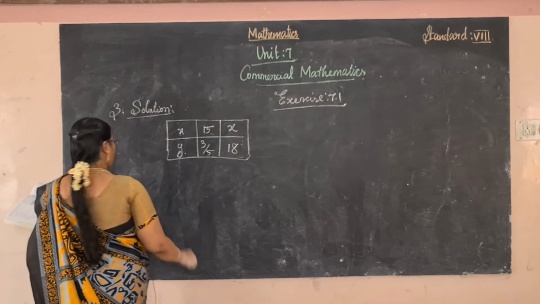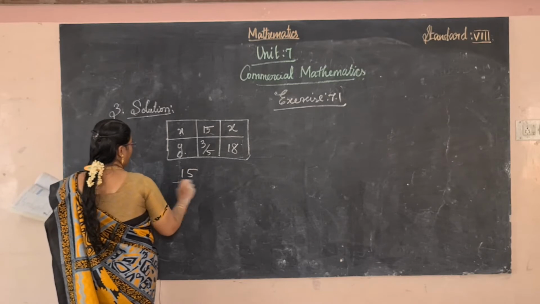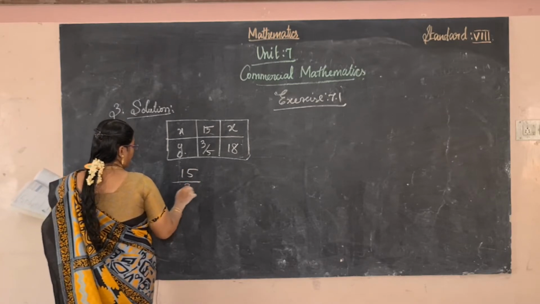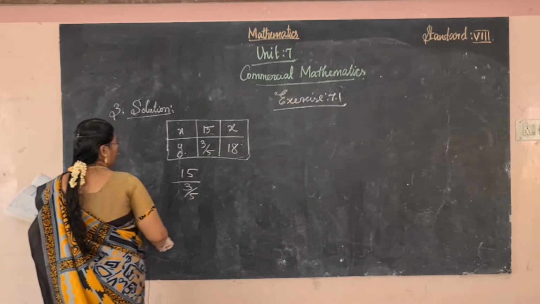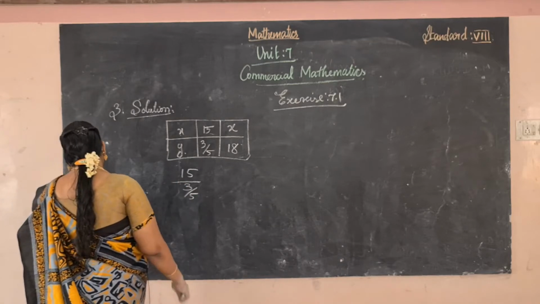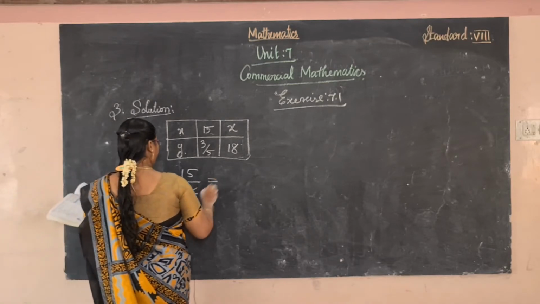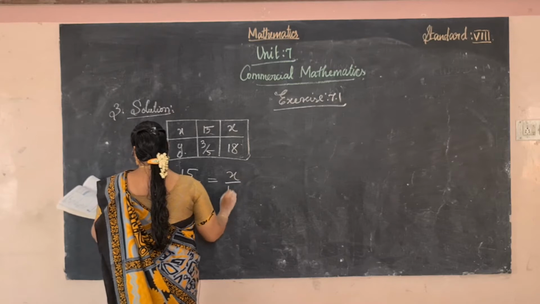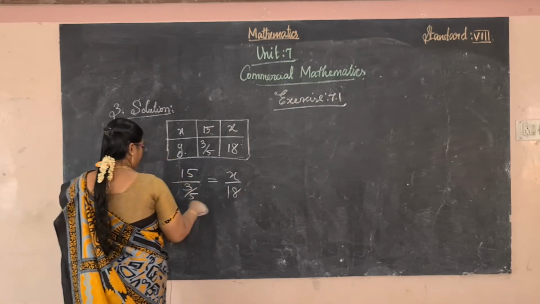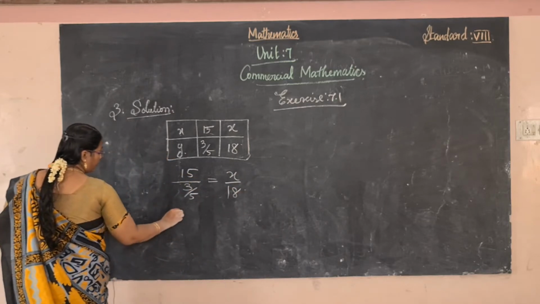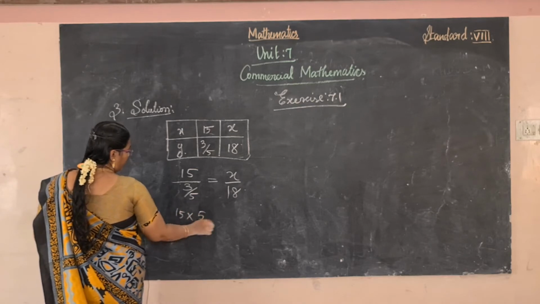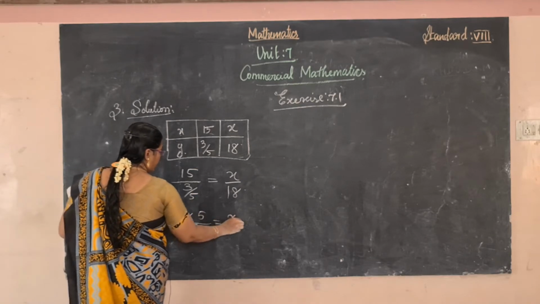So write it as a direct variation: 15 by 3 by 5 equals x by 18. Write it with the reciprocal: 15 into 5 by 3 is equal to x by 18.